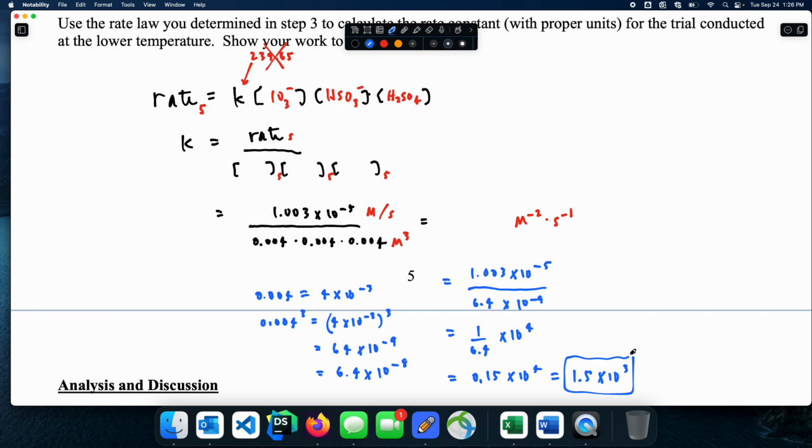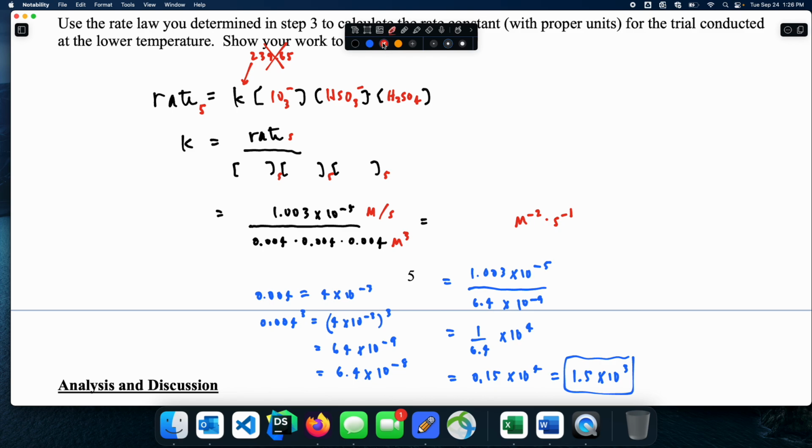Wow, it should be smaller than the other ones. I'm sure I've got a mistake here somewhere. This is probably where it is. 64 times 10 to the negative 9 is 6.4 times 10 to the negative 8. Ah, there it is right there. I put 6.4 times 10 to the negative 9. It's really supposed to be 8.